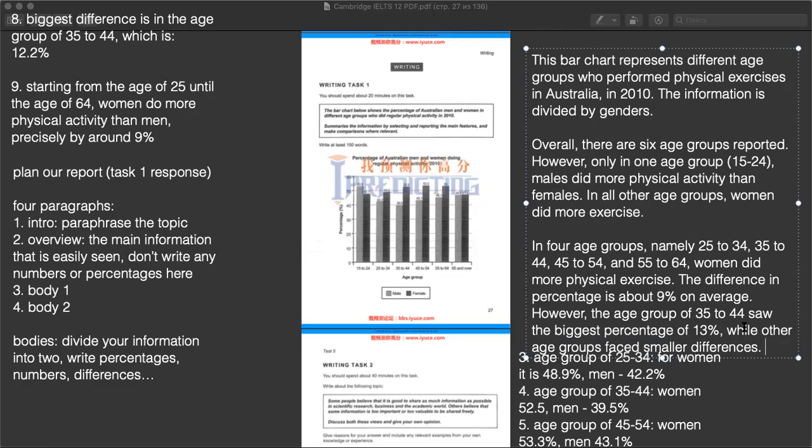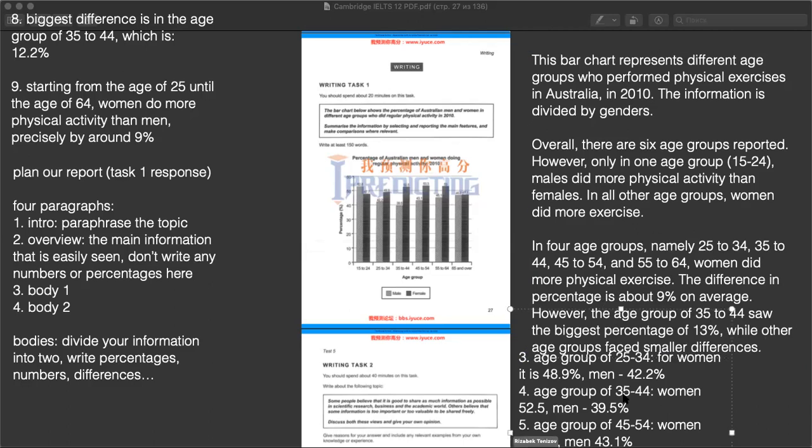Something like this. We're going to paraphrase afterwards, okay? Right now we're just writing. And this is body one. In body one, I said that in these 4 age groups, women did more physical exercise than men. The difference is about 9% on average, but the biggest percentage is 13%. So it was body one.